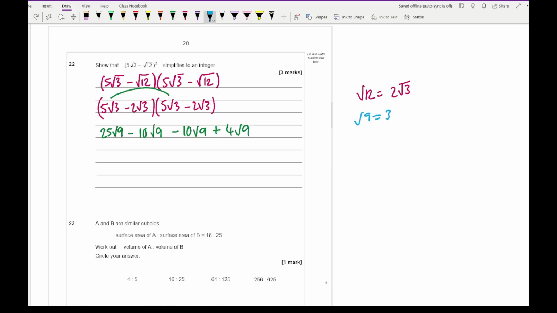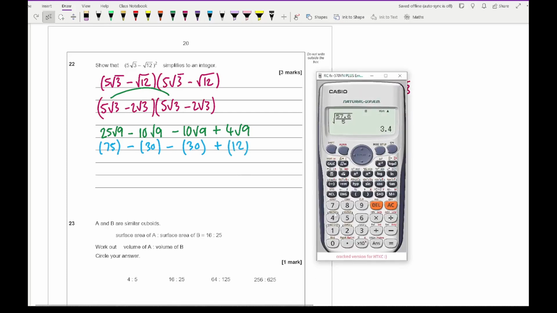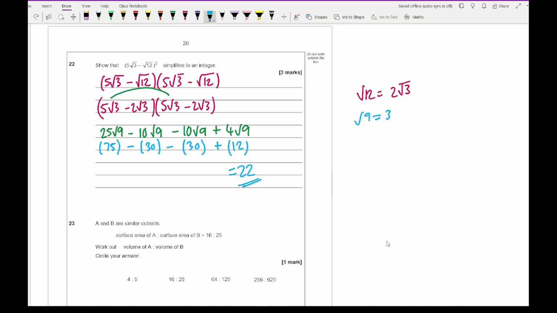So then this becomes 75 minus 30 minus 30 plus 4 times 3, which is 12. Combining all of these up, you can do it mentally, but I'm just going to use a calculator just because we can. So 75 minus 60 plus 12 equals 27. And there we've shown that it simplifies to give you an integer.